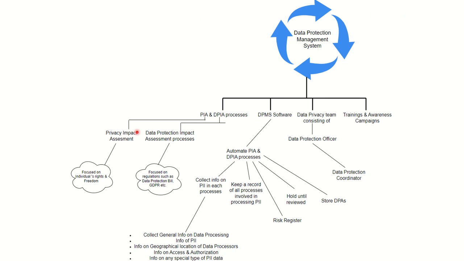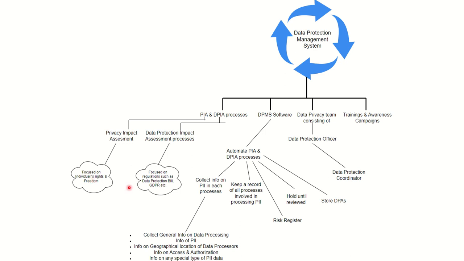Now, coming to the processes part, as I said, privacy impact assessment and data protection impact assessment are at the core of the data protection management system. The goals of these two processes differ from each other. The primary goal of the privacy impact assessment process is focused on individuals' rights and freedom, on maintaining the individual's right to privacy.